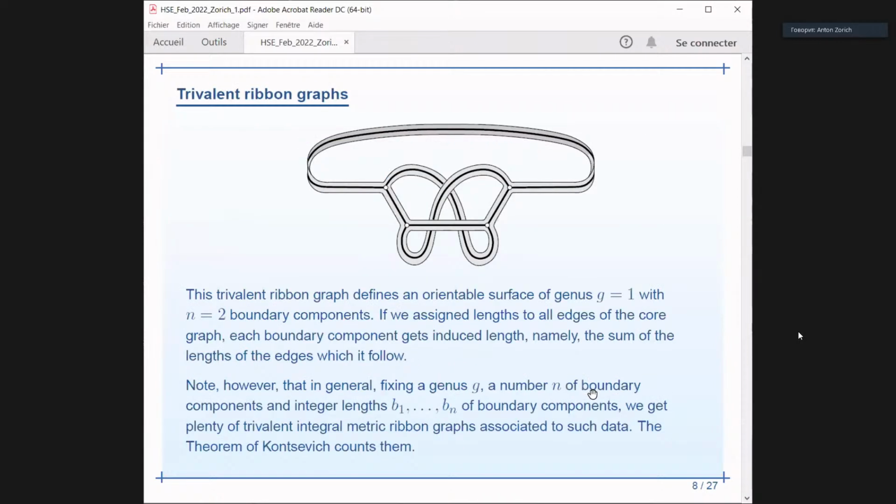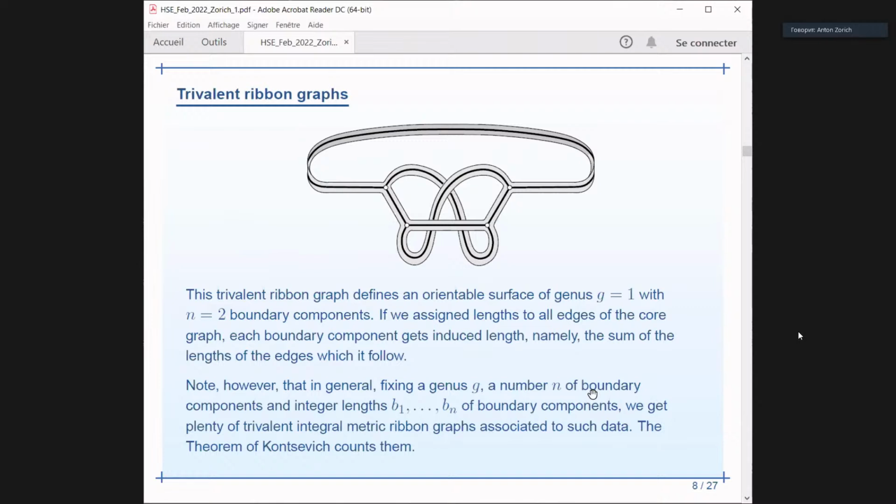And now let me state the counting problem. So the first counting problem of this lecture, which was solved quite a while ago, is the following. What you see here in the picture is a ribbon graph. And a ribbon graph, you can imagine it as a graph to which you glued a ribbon.